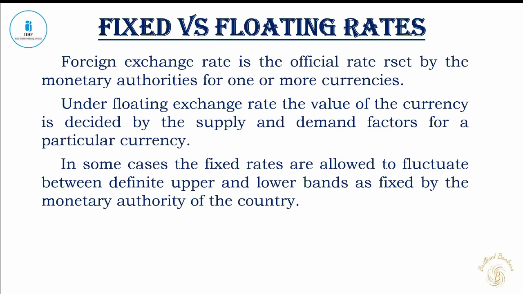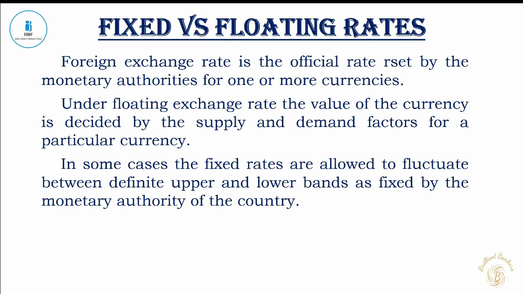What is the fixed rate versus the floating rate? A fixed exchange rate is the official rate set by the monetary authorities for one or more currencies. Under a floating rate, the value of the currency is decided by the supply and demand factors of that particular currency.